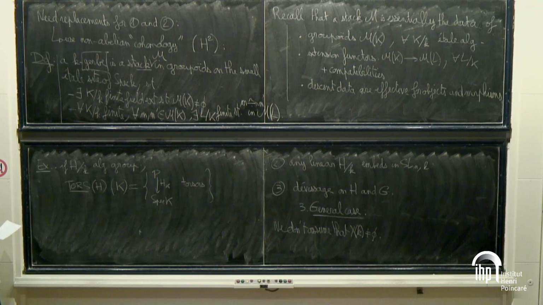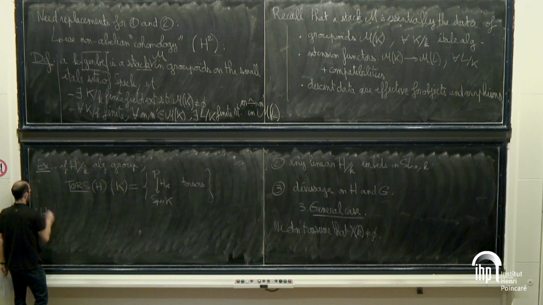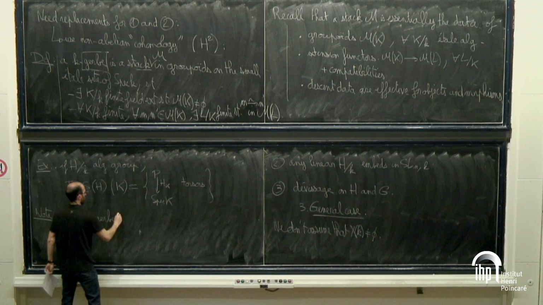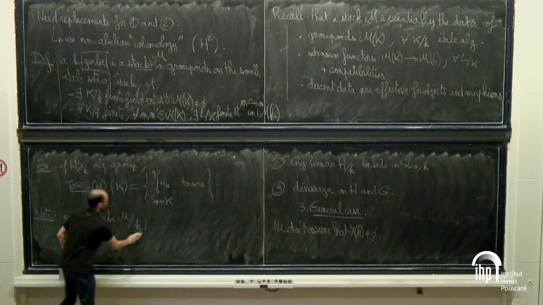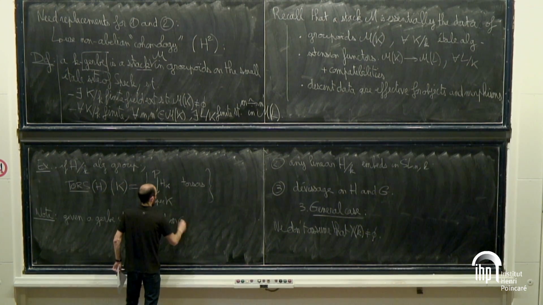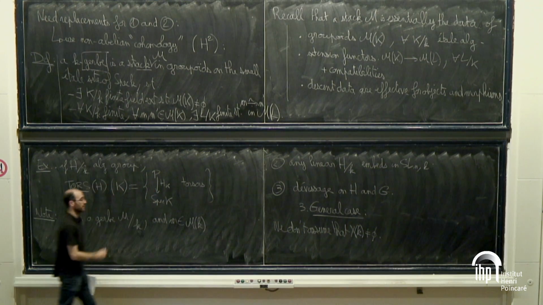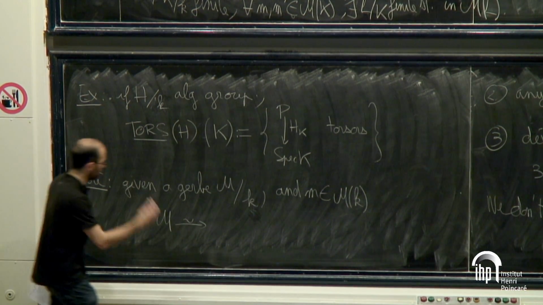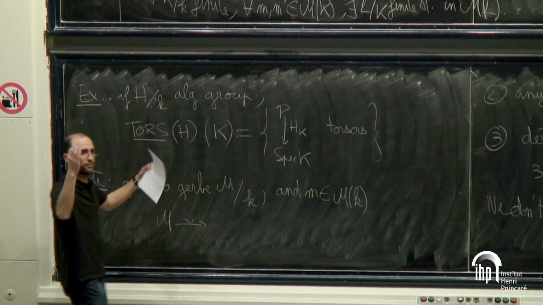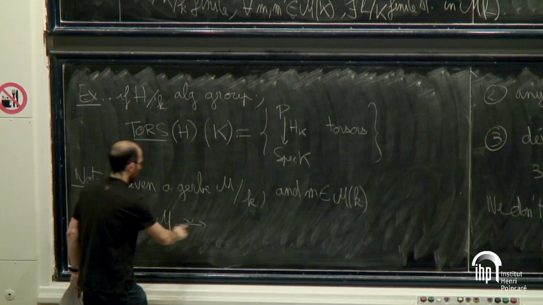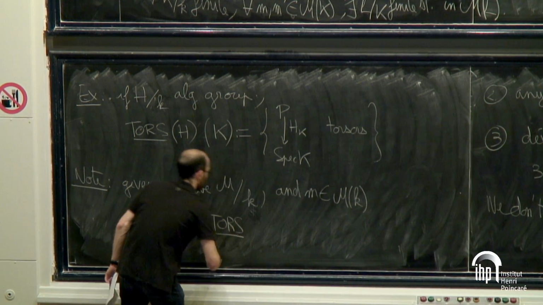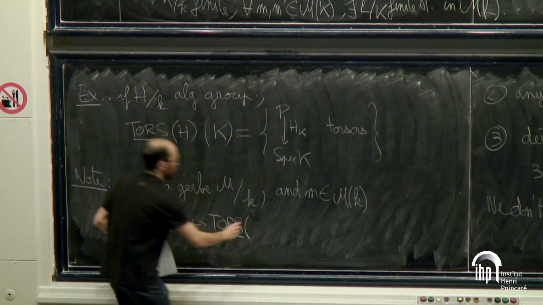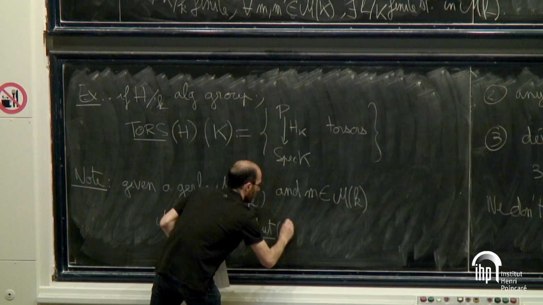You have to think about this example, and note that given any gerb, say M over little k, and a point, an object in the category M of little k, you get an isomorphism, I didn't explain what a morphism of gerbs is, but you can make the definition, from this to a gerb of torsors under some algebraic group, or at least some sheaf in groups, which is the sheaf of automorphisms of the given object.